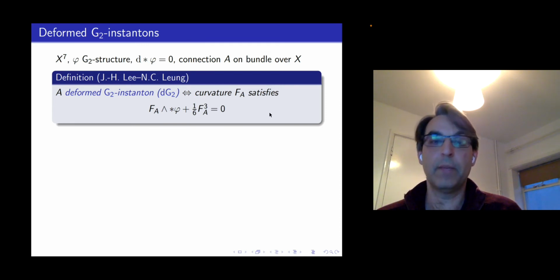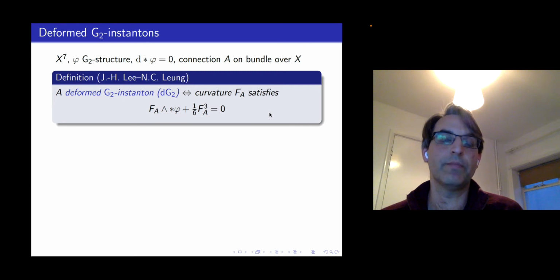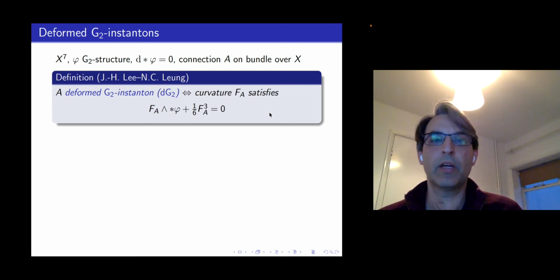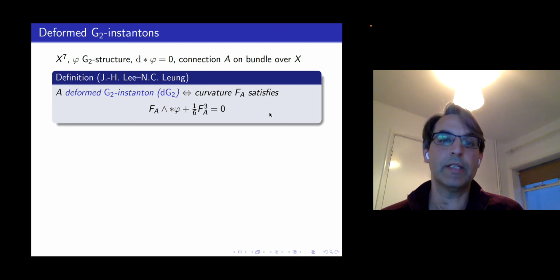So this is a perfectly good definition. You can write it down, but where does it come from? Where it comes from is this idea of mirror calibrated cycles. So let's just go back to a simple flat model, which is just 7-dimensional Euclidean space, which I can split up in this very simple way as R^3 plus R^4.